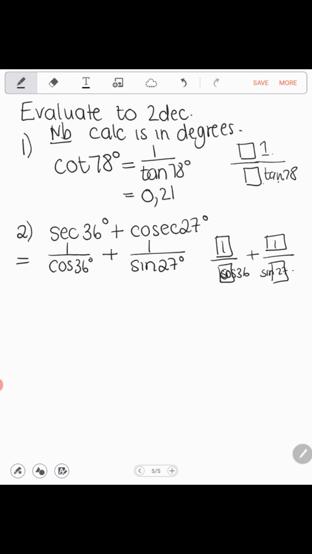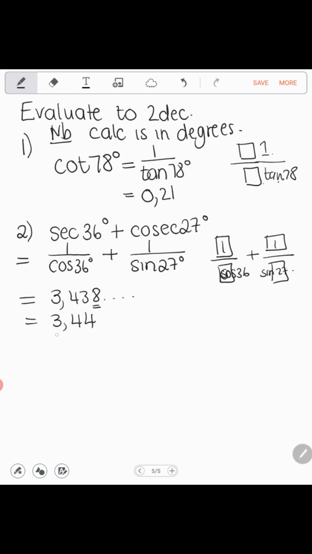All right, and then when you pop that into your calculator, just want to quickly double check it, 1 over the cos 36 and 1 over the sine of 27. Okay, the answer on my calculator is 3.438, and I'm rounding to 2 decimal places, so I look at the third decimal place.